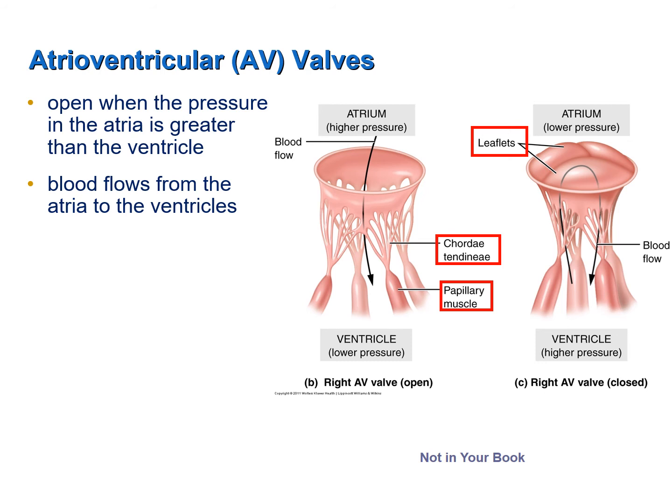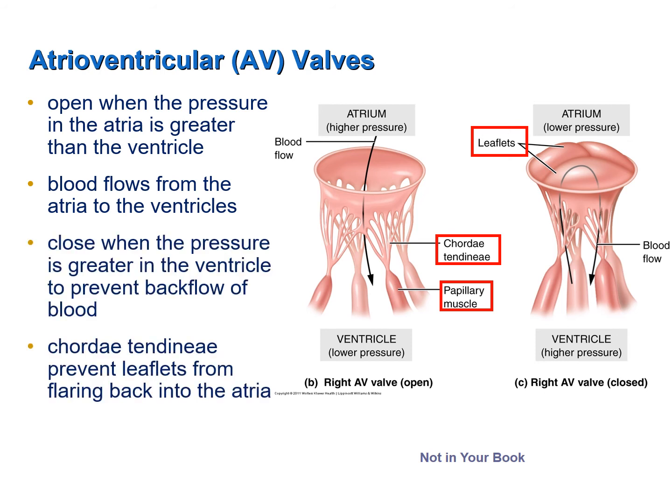When the ventricle contracts and now pressure is greater in the ventricle than the atrium, the valve closes as shown on the right. The papillary muscles contract and pull on the chordae tendineae, which pull on the leaflets and prevent the leaflets from flaring up into the atrium.